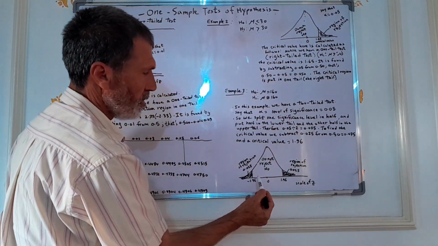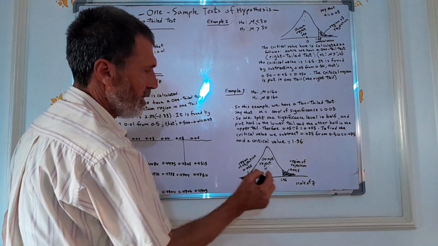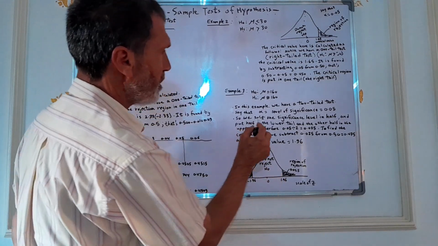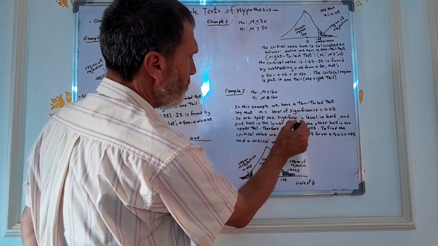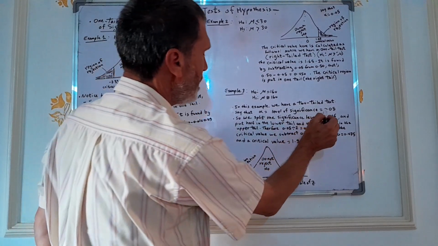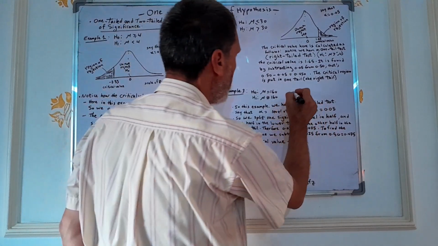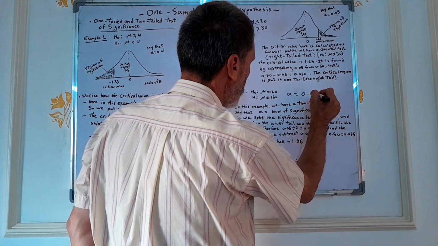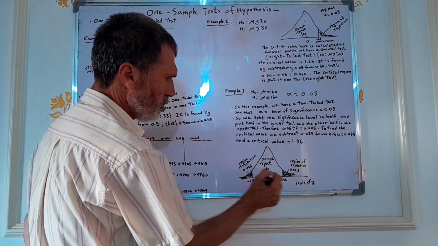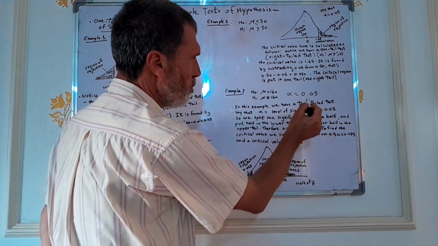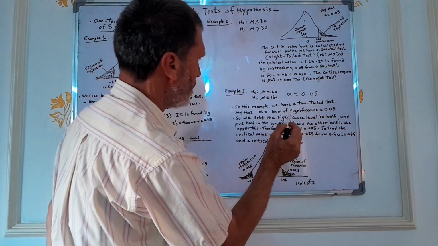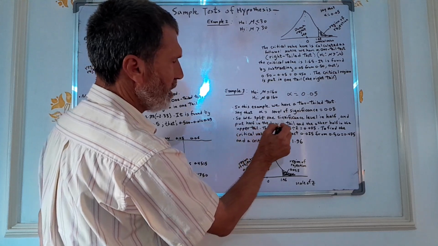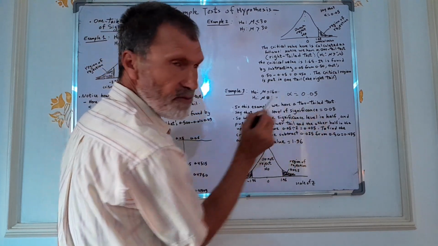Now, look over here, alpha is the level of significance. Assume that alpha here is 0.05. Because we have a two-tail test, we should divide this by 2. We split the significance level in half.